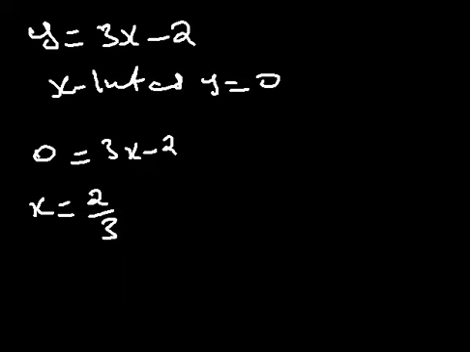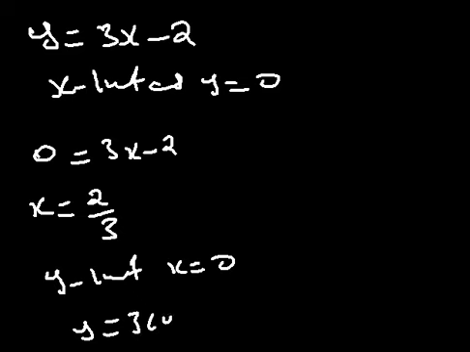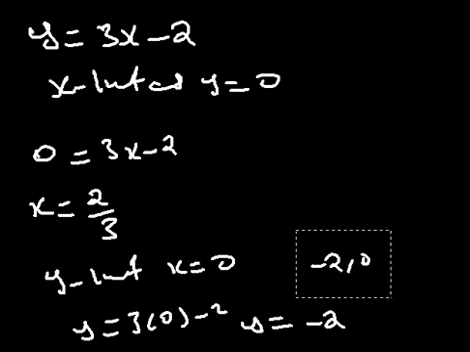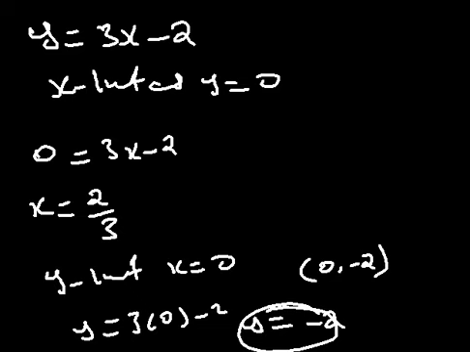On the y-intercept, x is given as 0, hence y is equal to 3 times 0 minus 2, so y is negative 2. At that point the coordinates are 0, negative 2. That is the y-intercept.